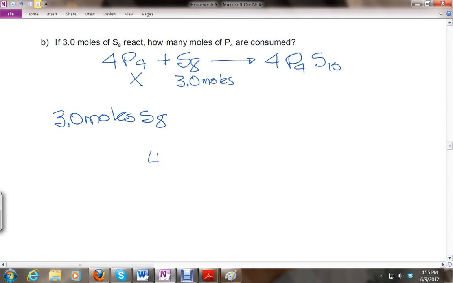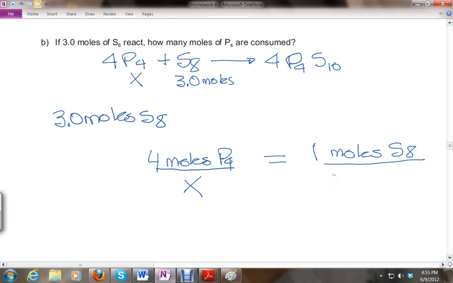Again, let's use our equation first, the top part for the real equation. 4 moles of P4 reacts with 1 mole of S8, right? How many moles would I require of P4 to react completely with 3.0 moles of S8?